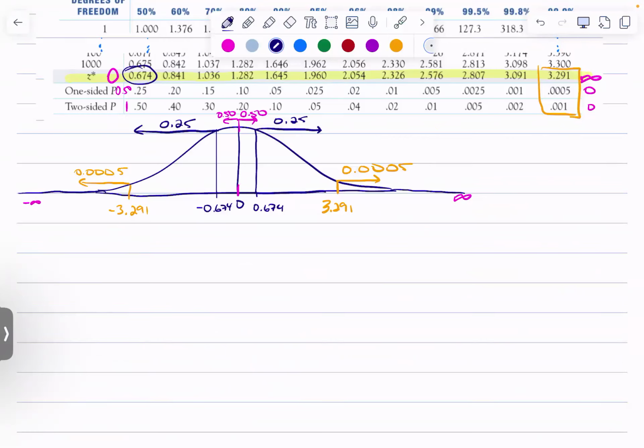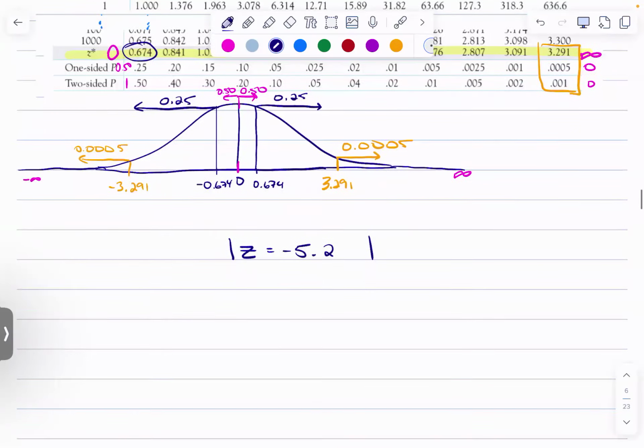The absolute value of Z, and notice how I'm putting it in the center of the page. It's because I'm going to put values around it. I need to say, okay, my calculated value for Z is this, and it's between these two values.